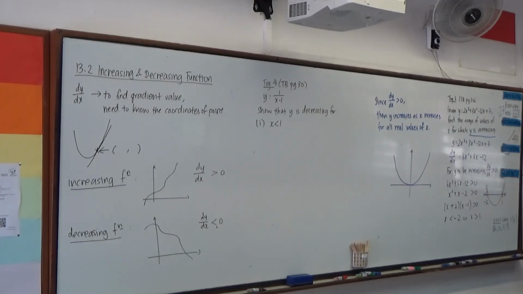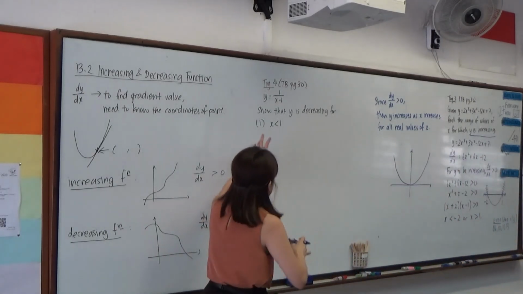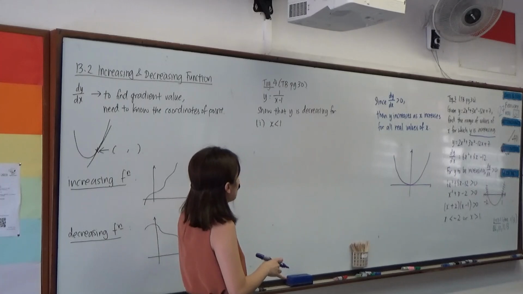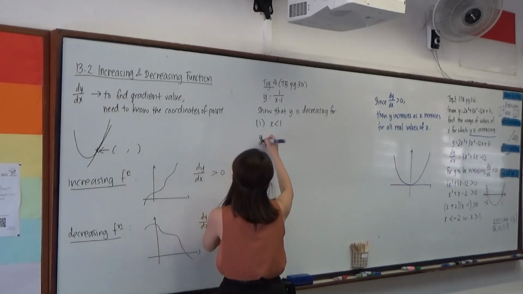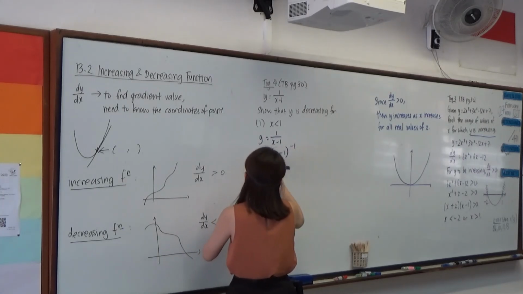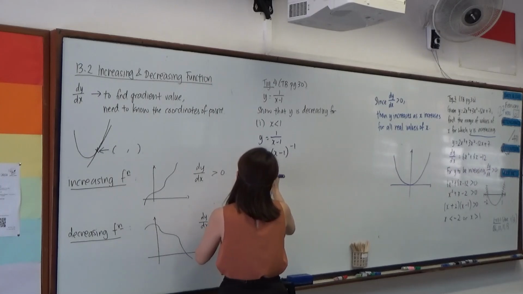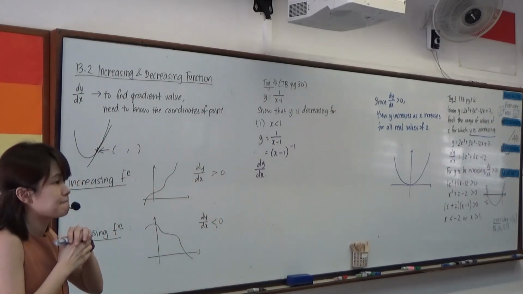Showing question. They gave us an inequality where x is less than 1. So we need to first differentiate our y function. So our dy over dx, what would it be, Ziyue?